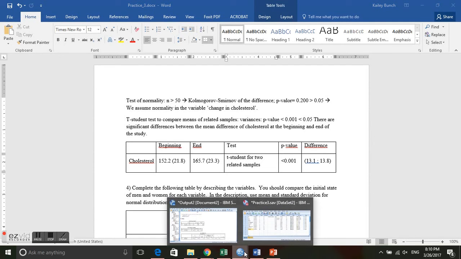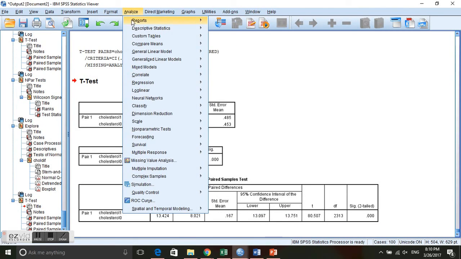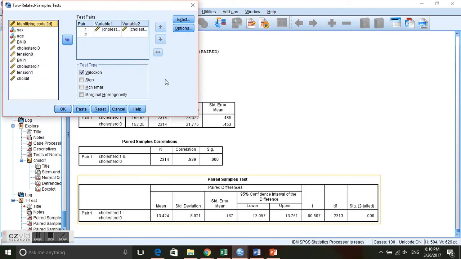Okay, so if we decided that the differences did not follow a normal distribution, then we would need to do a Wilcoxon non-parametric test. So we would go to Analyze, Non-Parametric Tests, Legacy Dialogs, 2 Related Samples. Then just like before, choose the 2 variables.